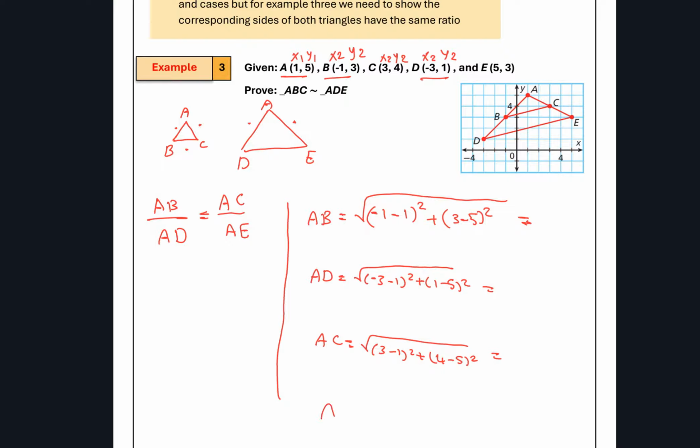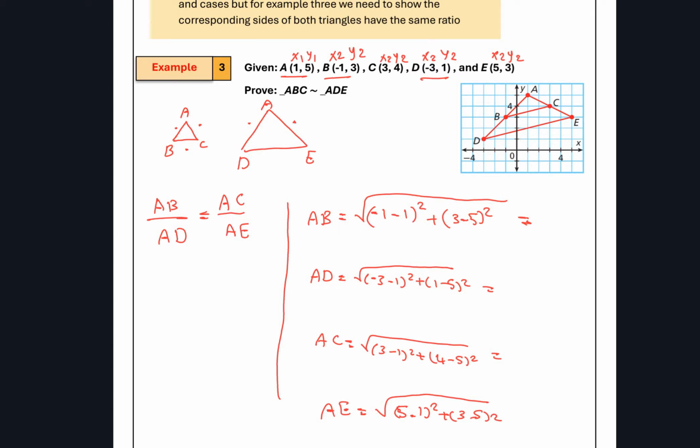And last one, which is AE, again, let's make this one x2, y2, and point A let be still x1, y1. So it will be 5 minus 1 squared plus 3 minus 5 squared.